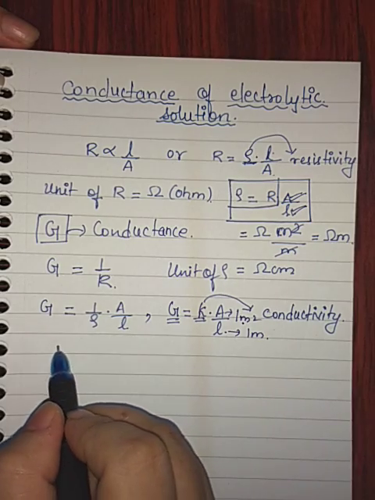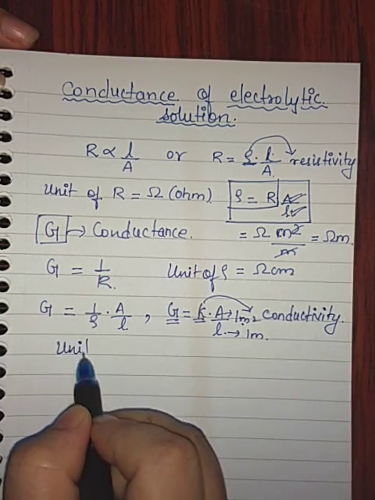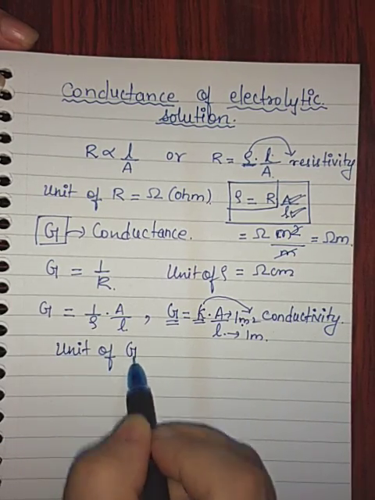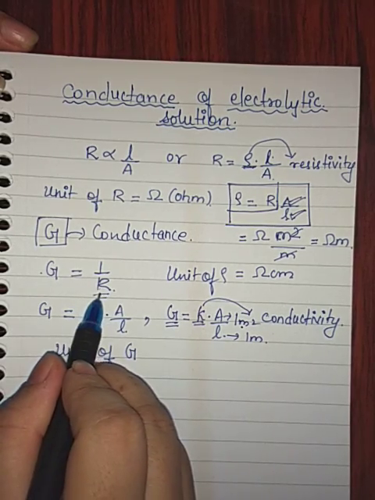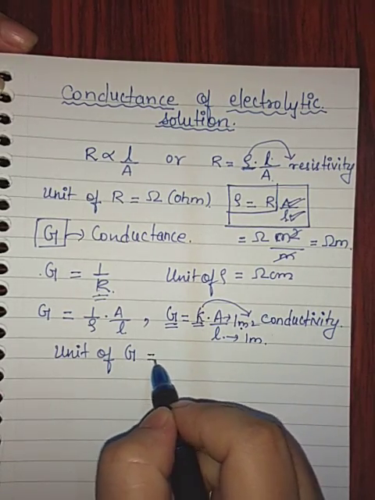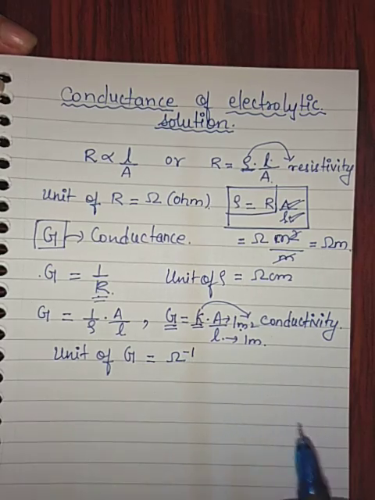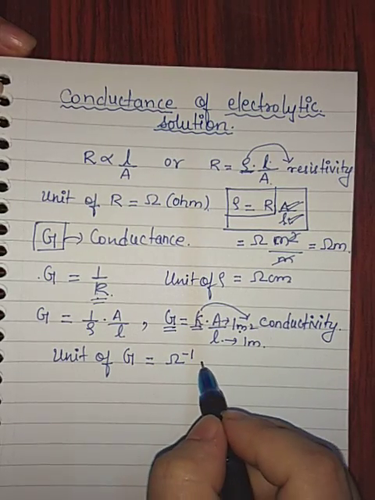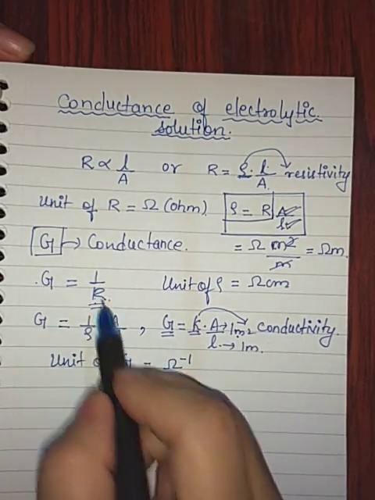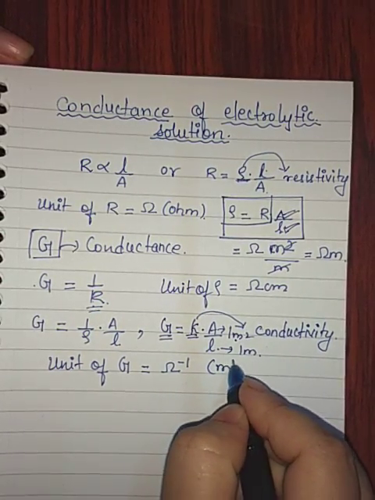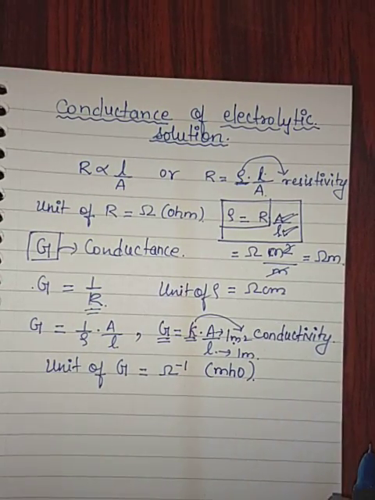What about unit? Unit of G. Since G is inverse of resistance, unit of G is ohm inverse, and ohm inverse, if you look at this expression, G is equal to 1 upon R, ohm inverse is also called mho.